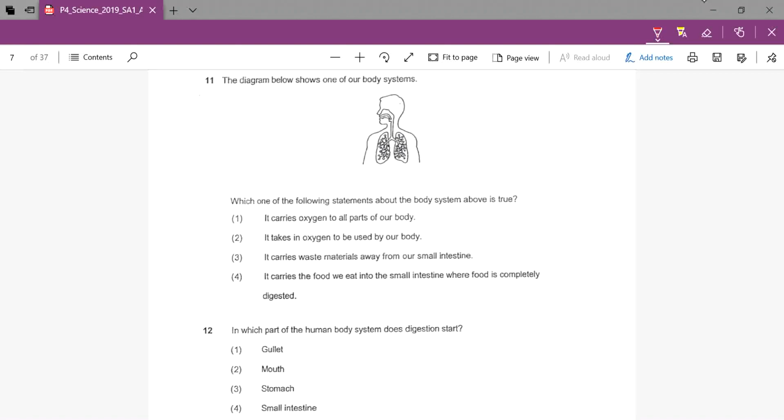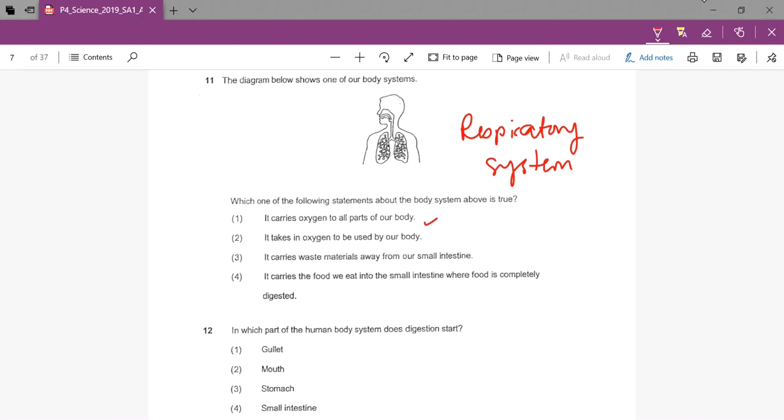Diagram below shows one of our body systems. This is called the respiratory system, right? With the lungs and the windpipe and our nose. Which one of the following statements about the body system above is true? Carries oxygen to all parts of our body. It's not true.